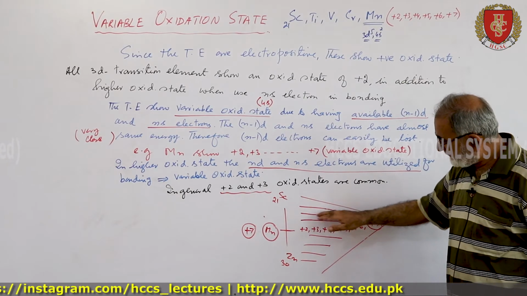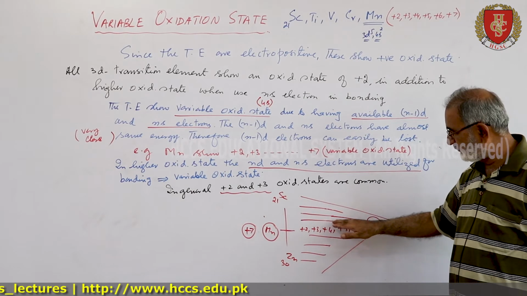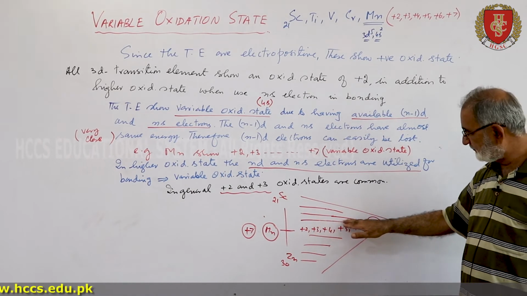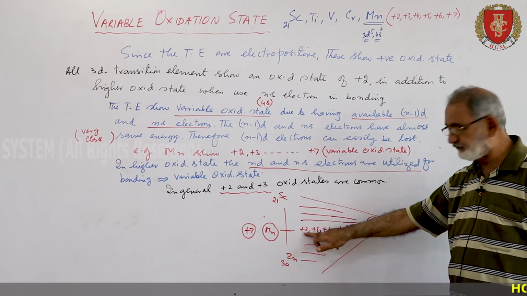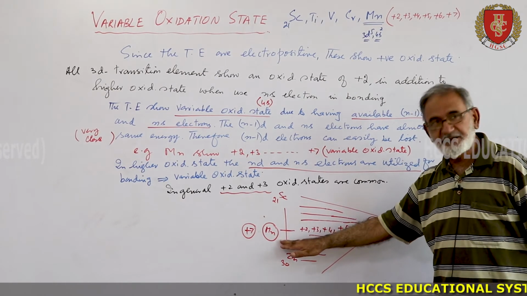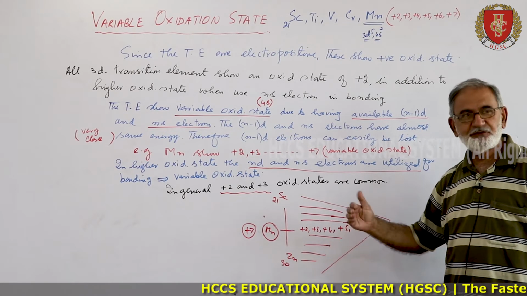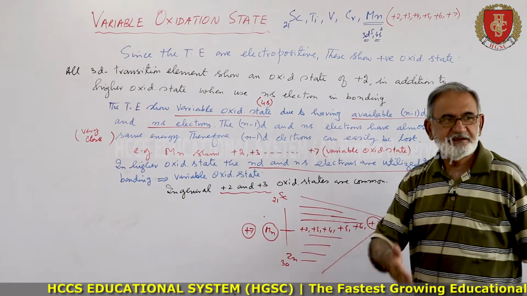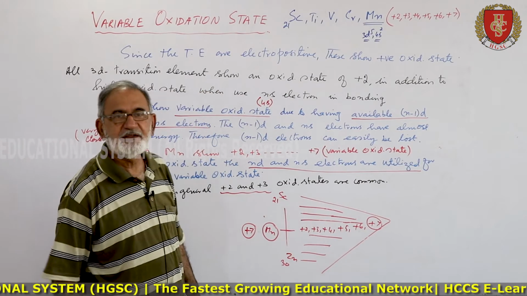Going across the series, the oxidation states go up to +7 for manganese. Then after manganese, that is iron, it is +2, +3, +4, +5, +6, then there is cobalt, then nickel, and then copper.